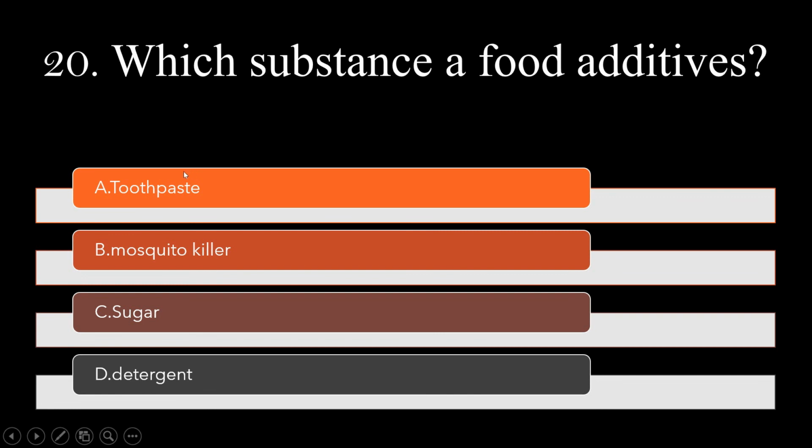That type of substance cannot harm your body. Which one? A. Toothpaste. B. Mosquito killer. C. Sugar. D. Detergent. What substance can be mixed or put into another food or mixed with other substances?